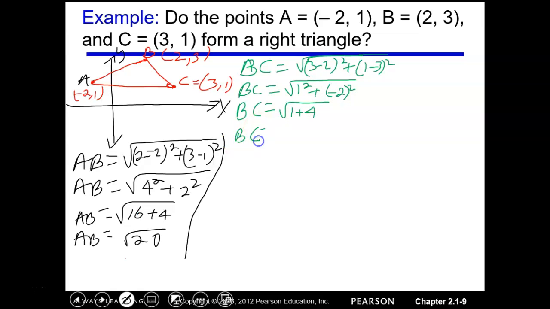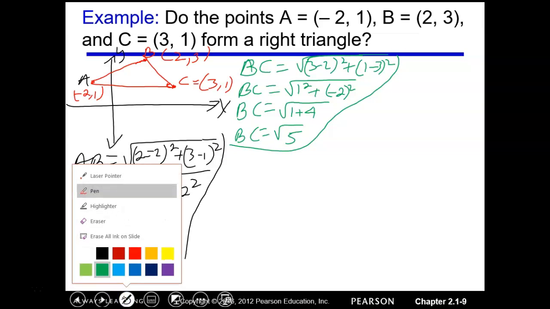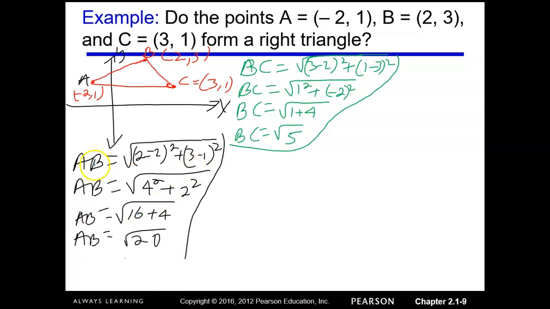The square of a negative makes it positive, so the square root of 5. Again, we leave it like this for now, and then we find the last one. So AB is the square root of 20, and BC is the square root of 5.